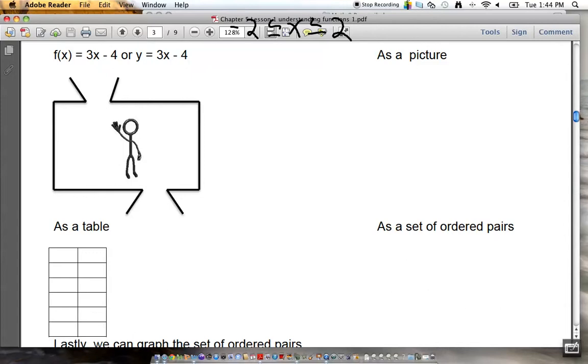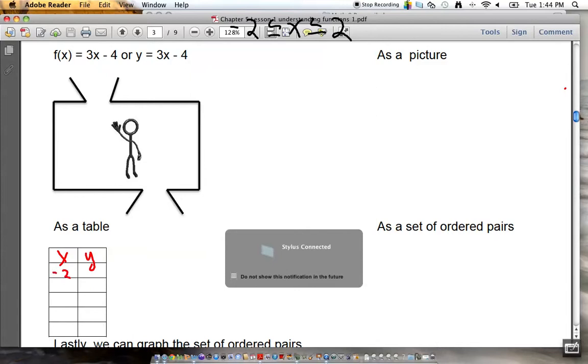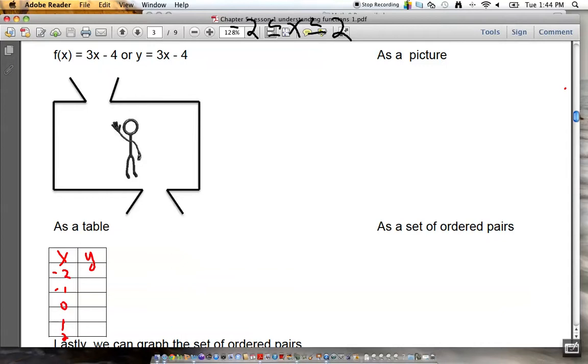Okay, very quickly, ready? I'm going to do it as a table first. X, Y, -2, -1, 0, 1, 2. If I plug in a -2, what is 3 times -2 minus 4? What's 3 times -2? -6.